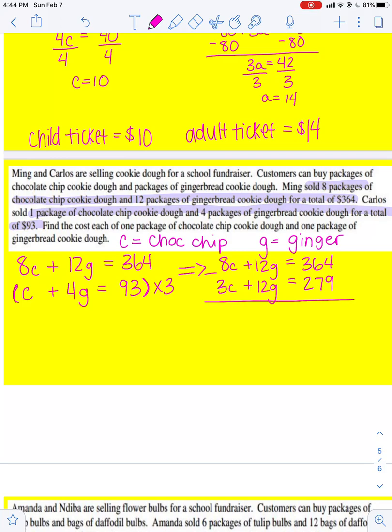And now what we're going to do is subtract these. So that's going to give me 5C. 12G minus 12G is 0. And then 364 minus 279 is 85. So then we'll divide by 5 on both sides to get C is equal to 17.